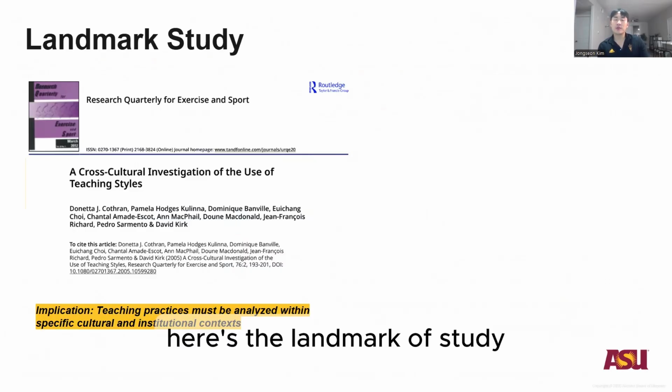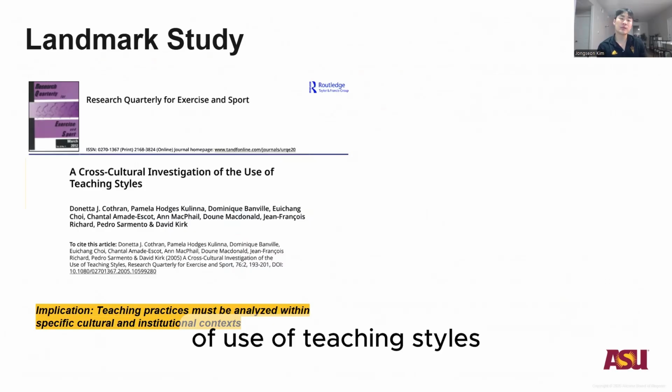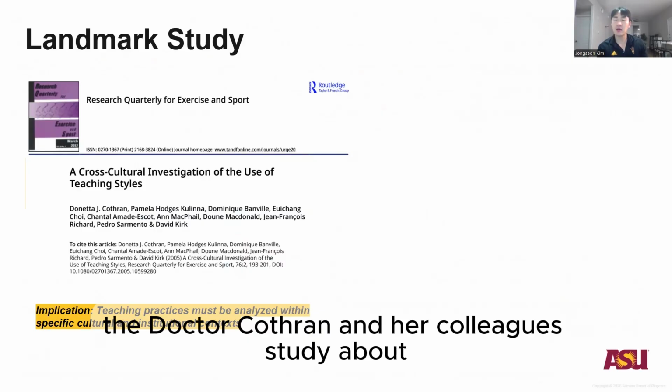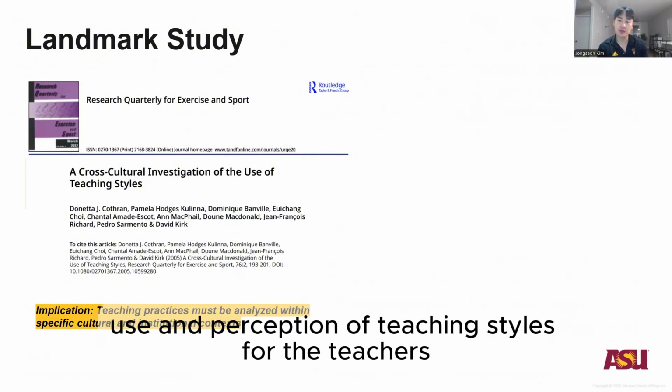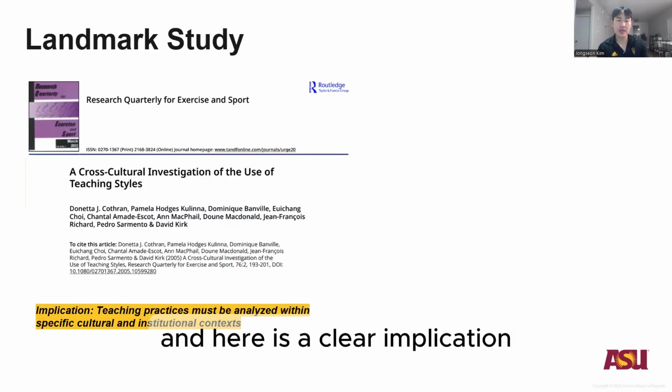Here's a landmark study, a cross-cultural investigation of the use of teaching styles. Dr. Cothran and her colleagues studied the spectrum use and perception of teaching styles of teachers in over 7 countries. And here's a clear implication.